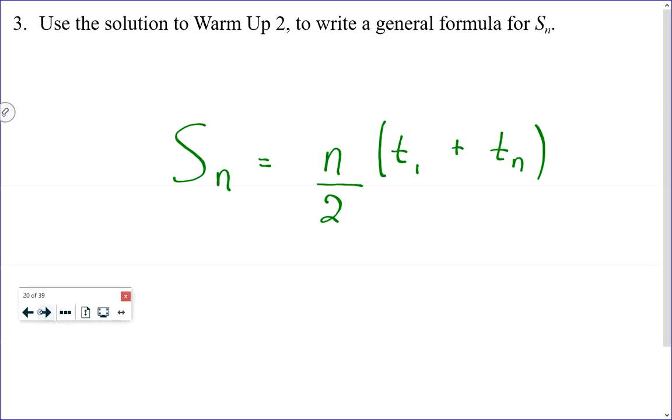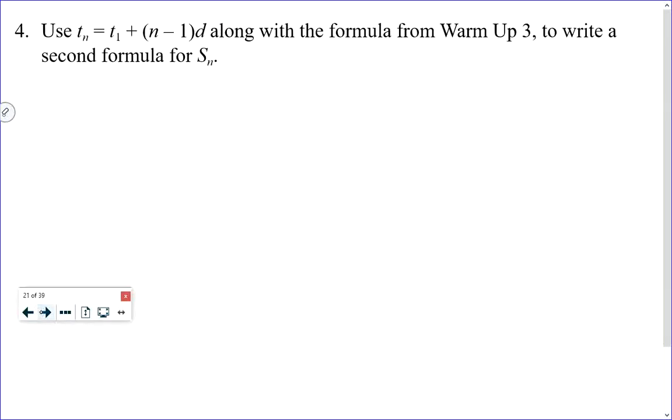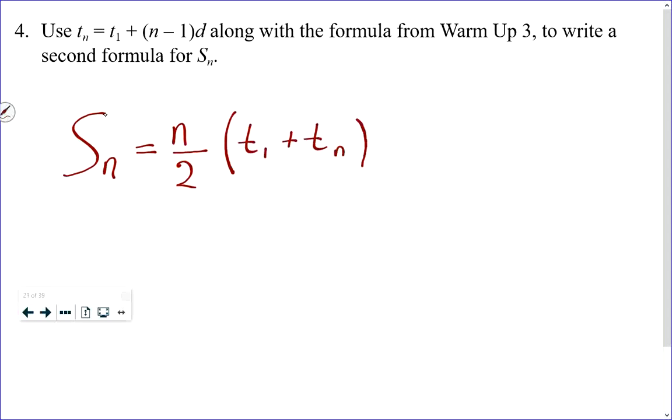Okay, we have one more thing to do before we get to some examples. If Sn equals n over 2 times t1 plus tn, and tn is equal to t1 plus n minus 1 times d, what this question is saying is write a second formula for Sn.